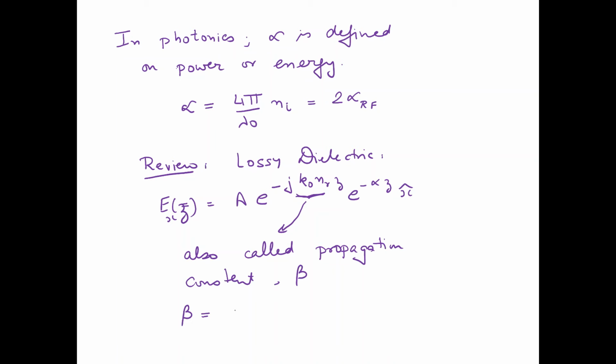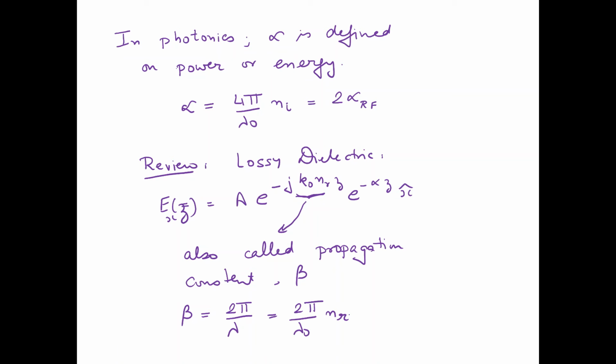So beta is 2 pi by lambda, the wavelength, which is 2 pi by lambda naught n real. If n imaginary is 0, if it is lossless, then beta and k are exactly the same thing.